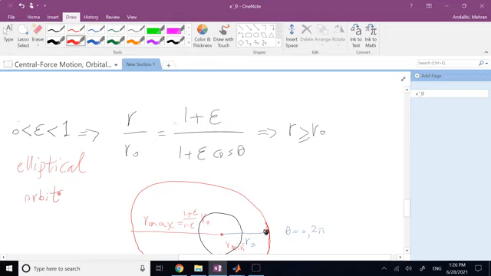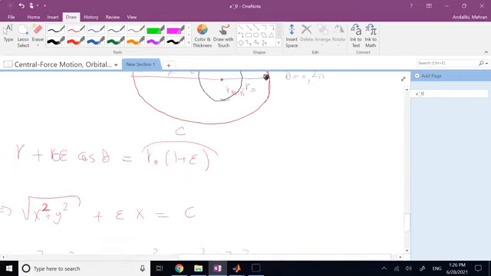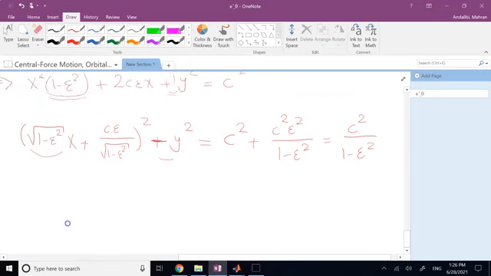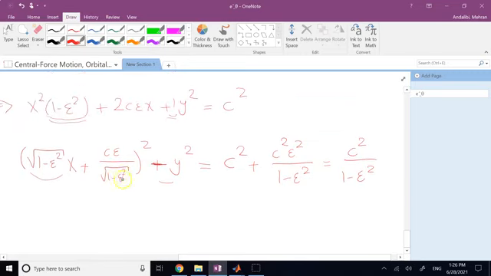And then you can show that for other cases where epsilon is 1, then you will get a parabola. Epsilon bigger than 1, you will get a hyperbola, which is not super hard to show. Now here, if epsilon is 1, you definitely see that the center is going to go to infinity, and that's what makes this go to a parabola.